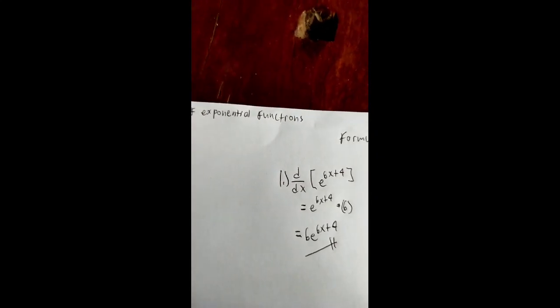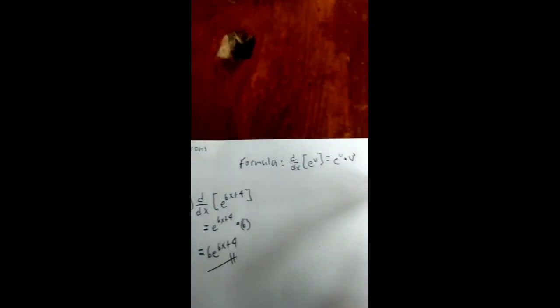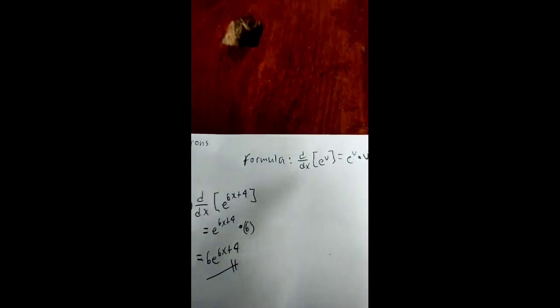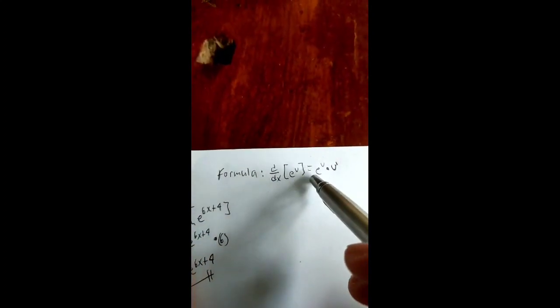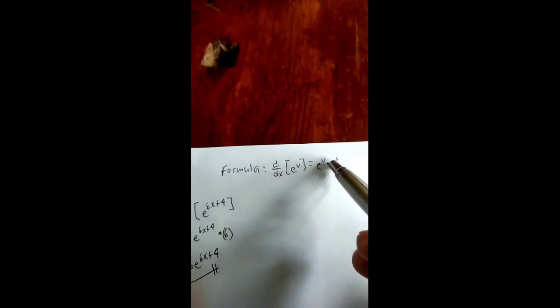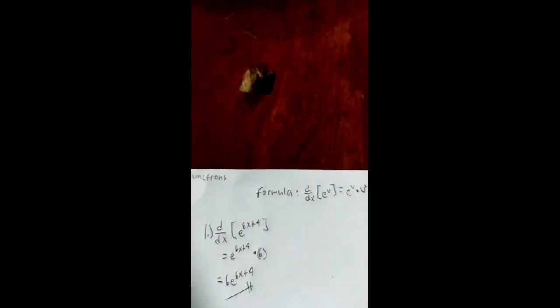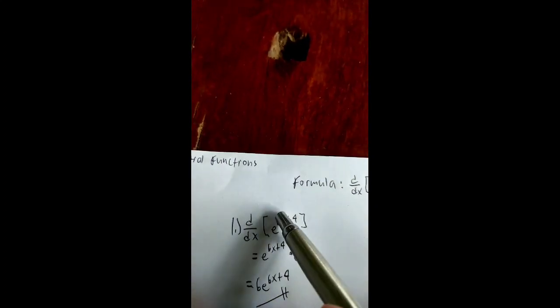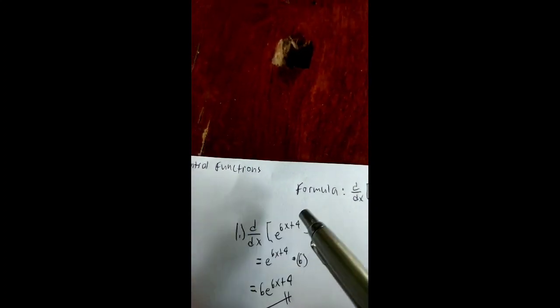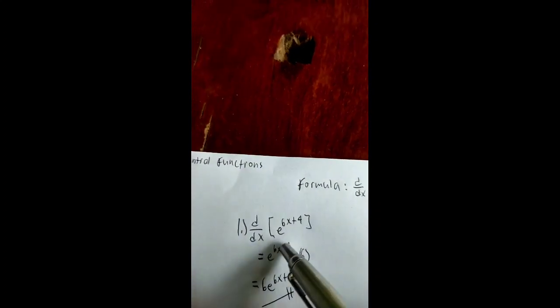For our last topic, we're going to discuss the derivatives of exponential functions. In this topic, I've used the formula: the derivative of e raised to a function is equal to e raised to the function times the derivative of the function. We are given here, example number 1, the derivative of e raised to 6x plus 4. How do we solve this?